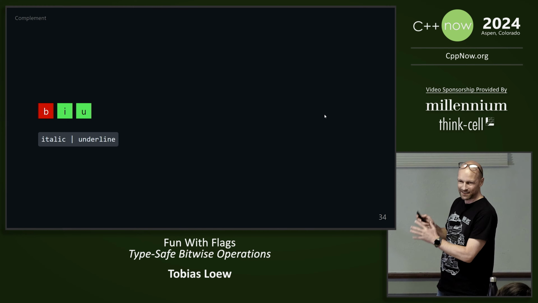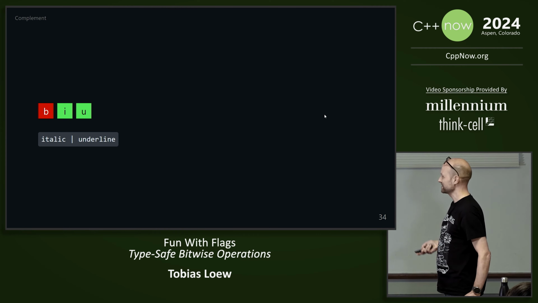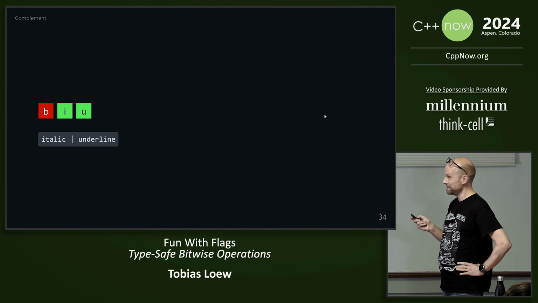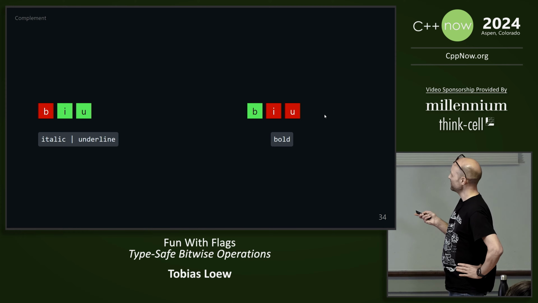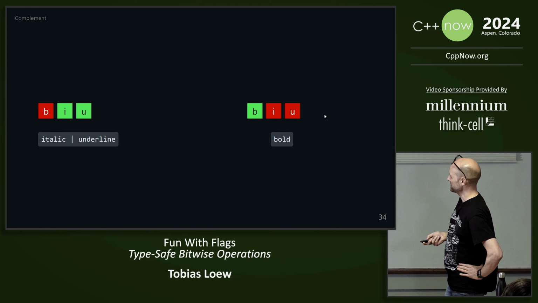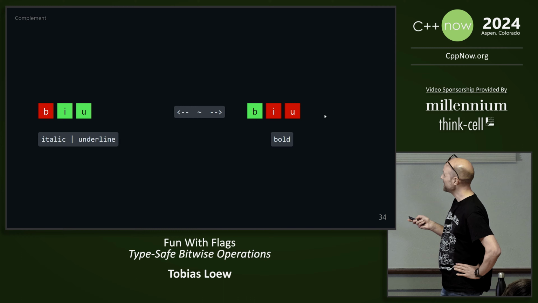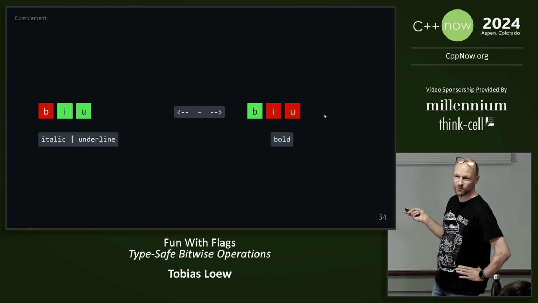Okay, let's look at it in detail. So here we have our bits. The red ones are zeros, the green ones are ones. So we have italic and underline set here. On the other side we have bold, just the bold bit set. And looking at it this way, there's this nice property: if we take the negation, they simply flip from one side to the other.